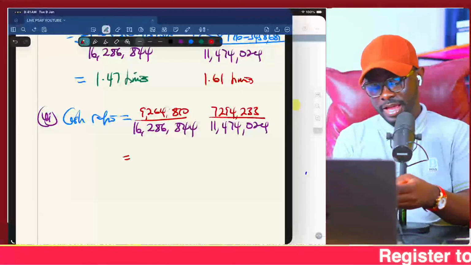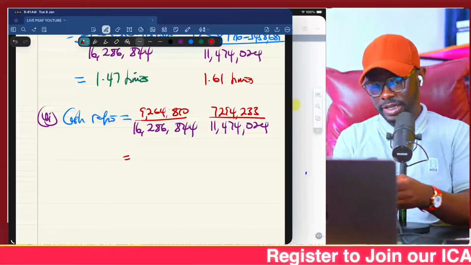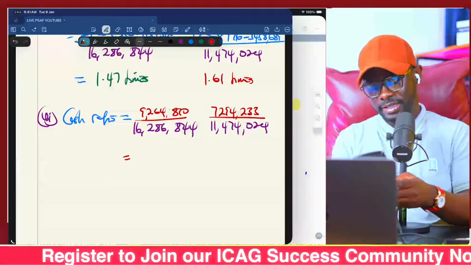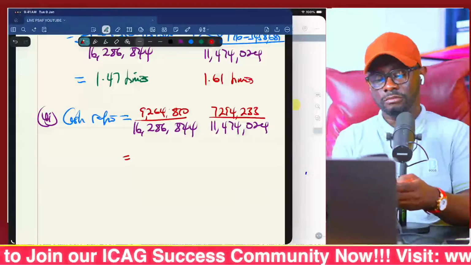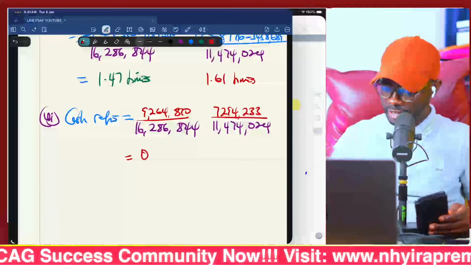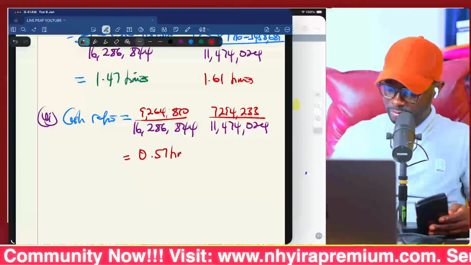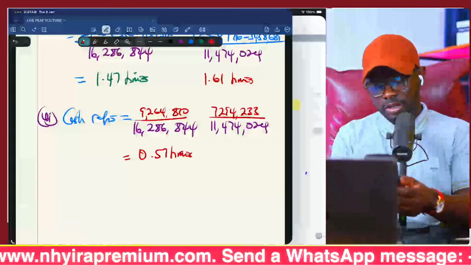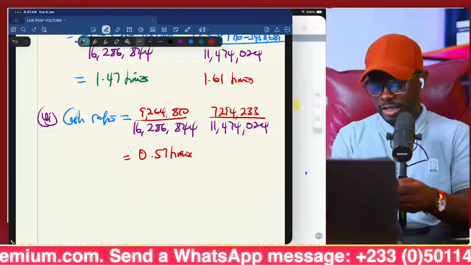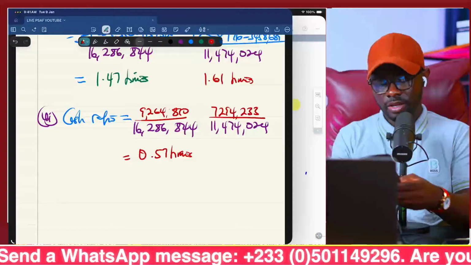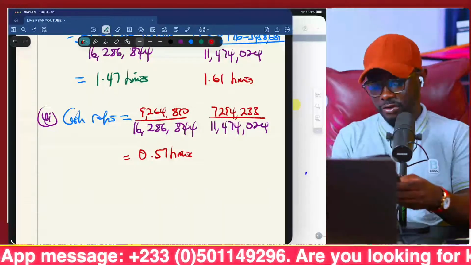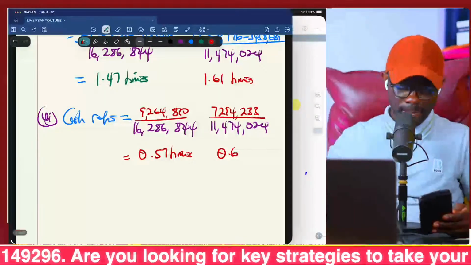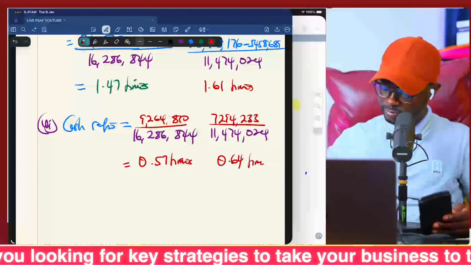So 9,264,810 divided by 16,286,844. That's 0.57 times. That's below 1. So that's not good at all. For Bolgatanga, 7,294,233 divided by 11,474,24. That's 0.64 times.